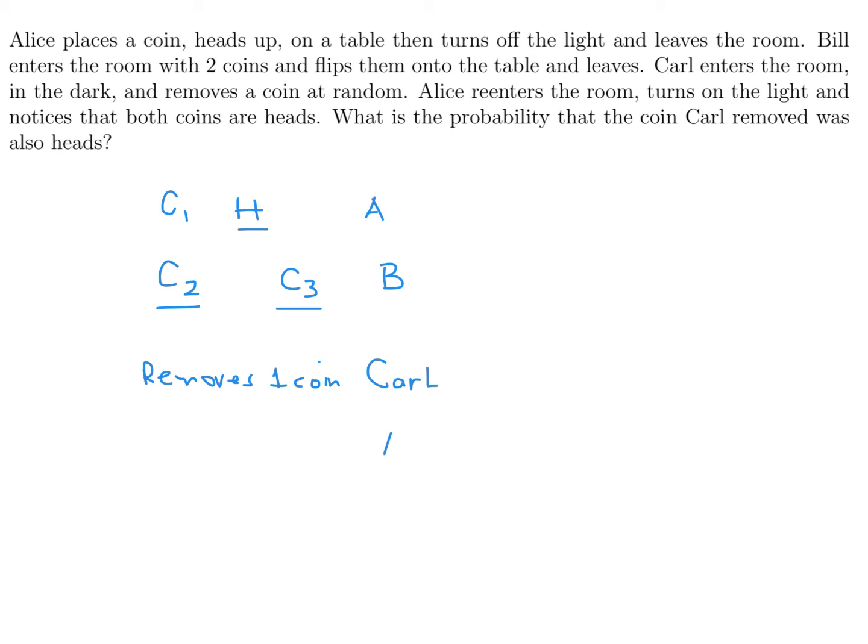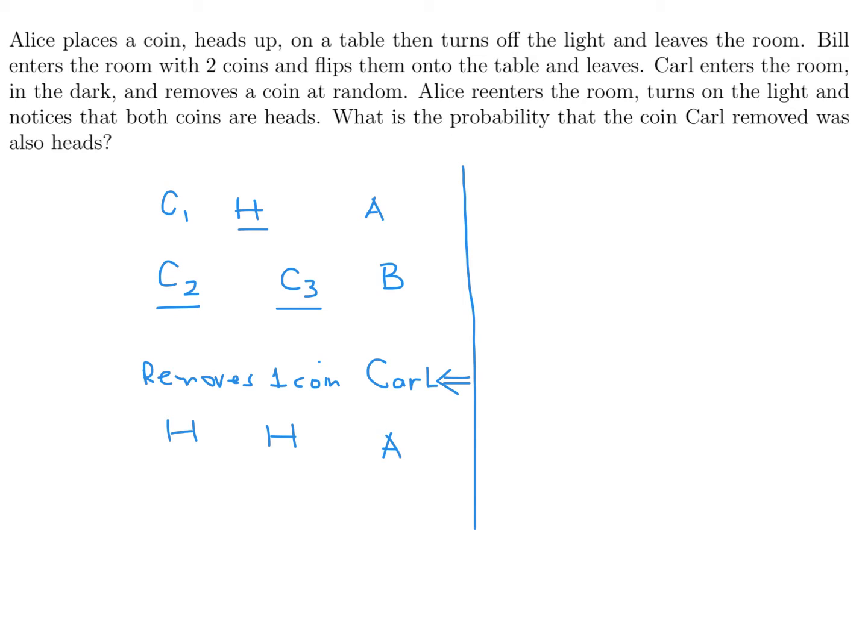And then finally Alice comes back, turns on the light, and notices that the remaining 2 coins are both showing heads. So that's the scenario. Then they're asking, what is the probability that the coin Carl removed was heads?